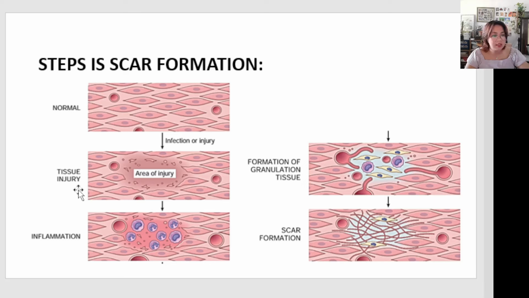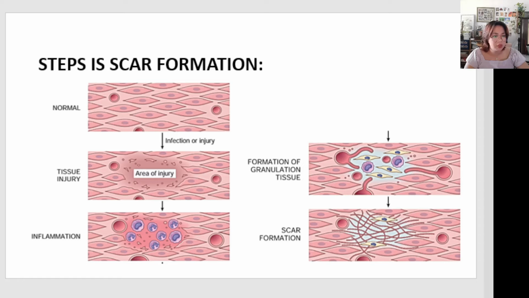And then there's going to be inflammation at the area of the injury. So, this inflammation is to eliminate the offending agent. And then, there's going to be formation of granulation tissue, and then the deposition of connective tissue or scar formation.